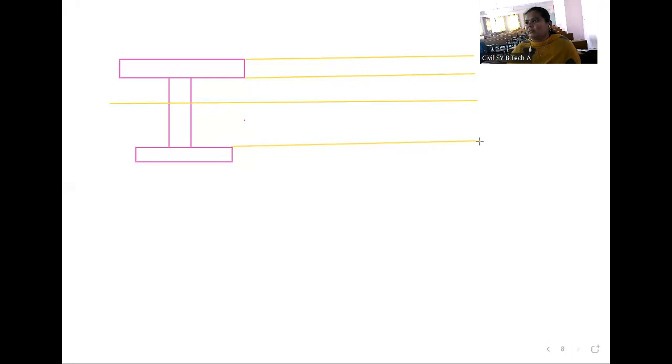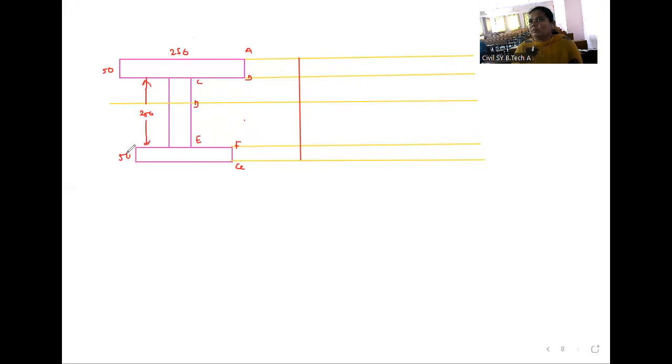First we will draw the baseline and mark points: A, B, C, D, E, F, and G. This distance is 250, this is 50, this is again 250, this is 50, this one is 150, and this is also 50.